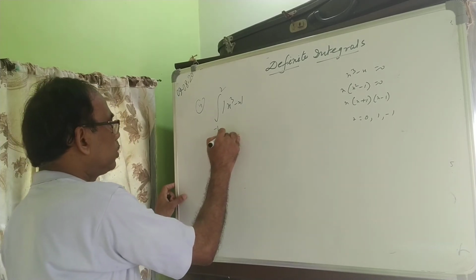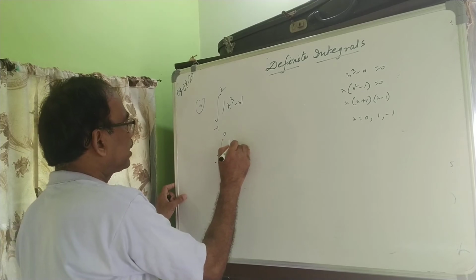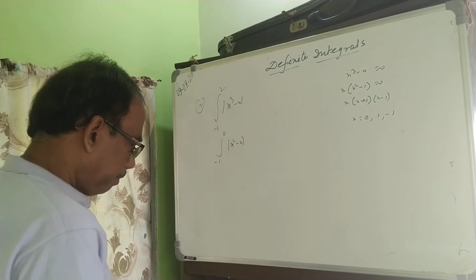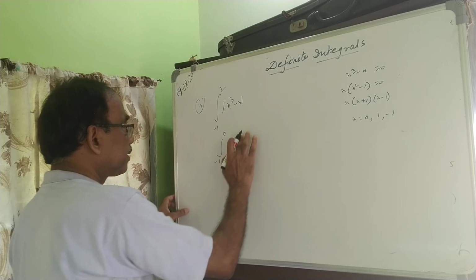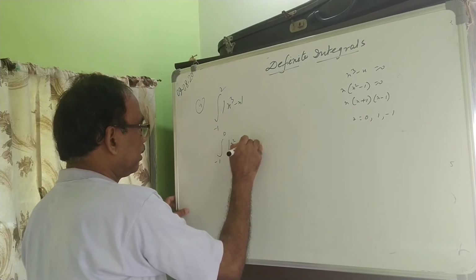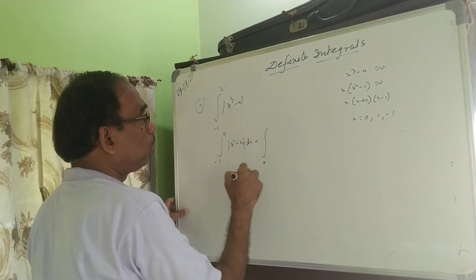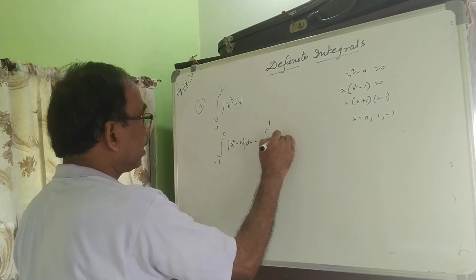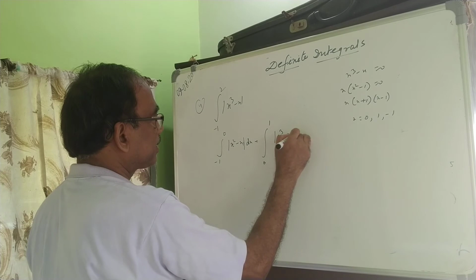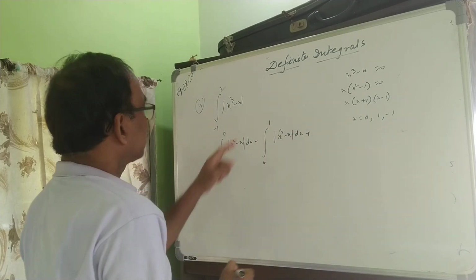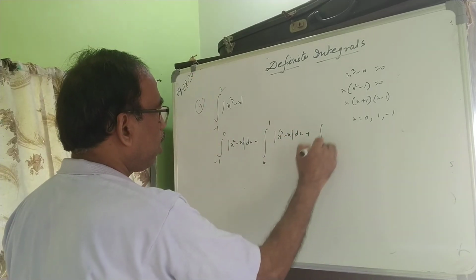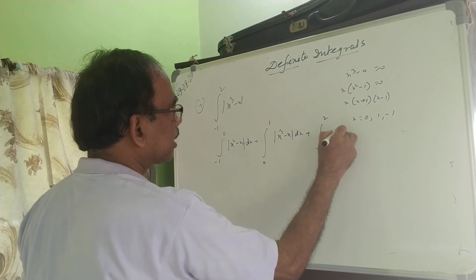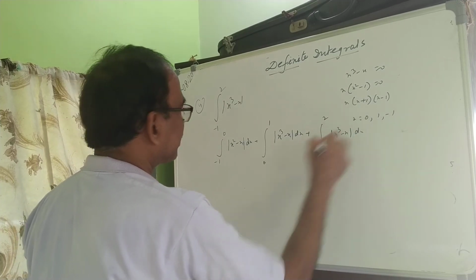Minus 1 to 0, modulus of x cube minus x dx, then 0 to 1, modulus of x cube minus x dx, plus 1 to 2, x cube minus x.